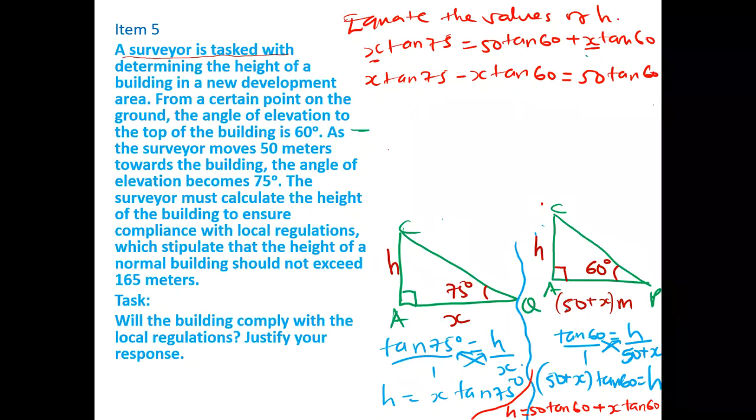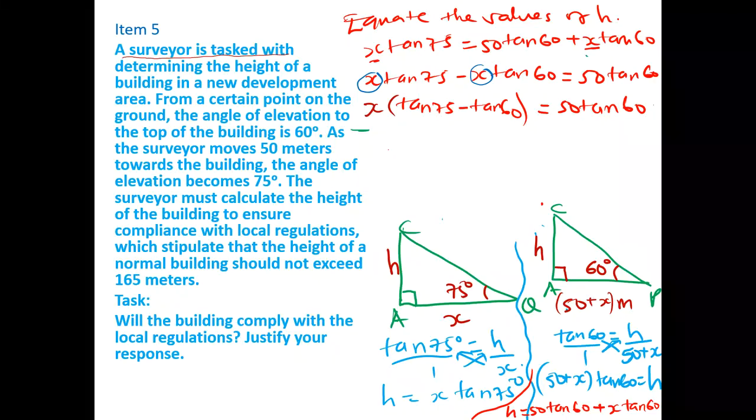But I'm seeing a common factor. I'm seeing x here, I'm also seeing x here. So when it comes to factorization, I'll have x into tan 75 minus tan 60 is equal to 50 tan 60.